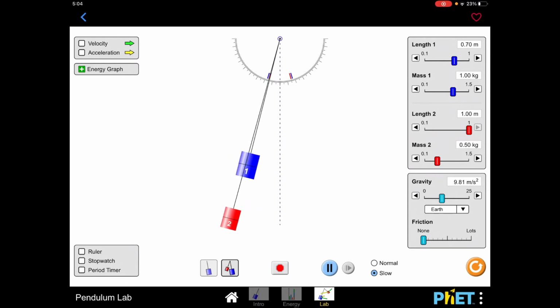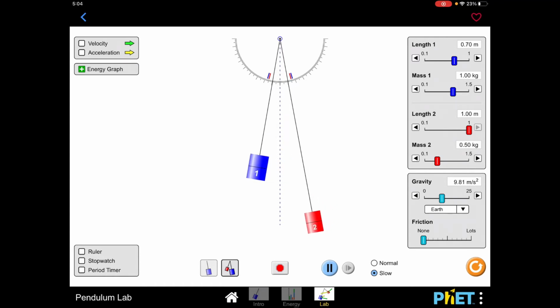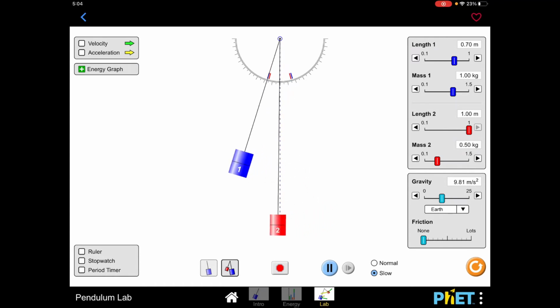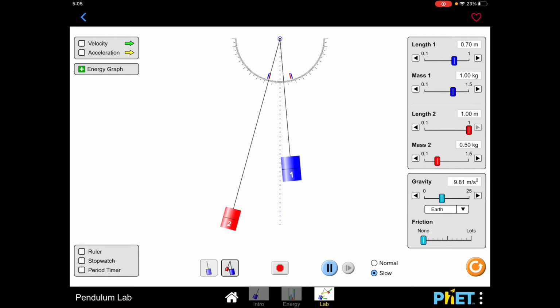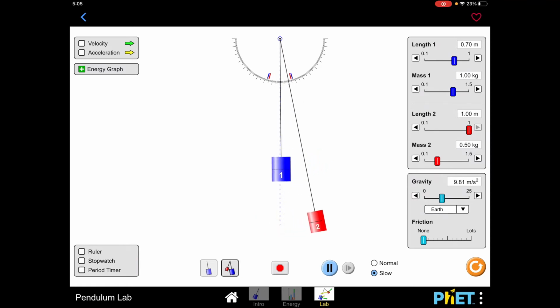Can you see what's happening? We can clearly see in this diagram the pendulum 1 wins. That means the period of pendulum 1 is much smaller than the period of pendulum 2, i.e., the period is dependent on the length of the string.